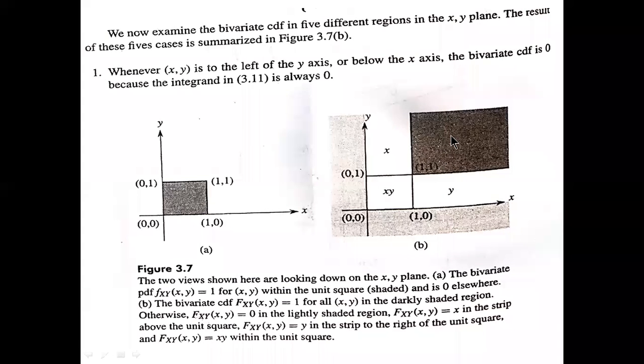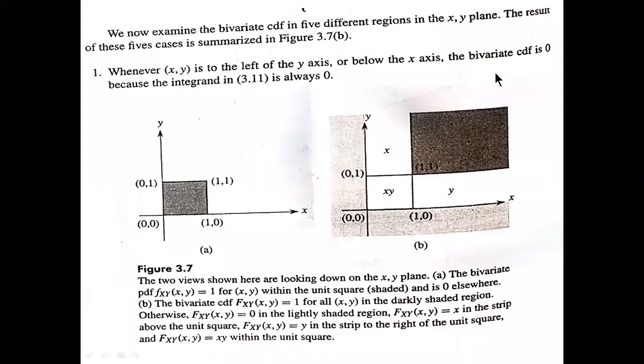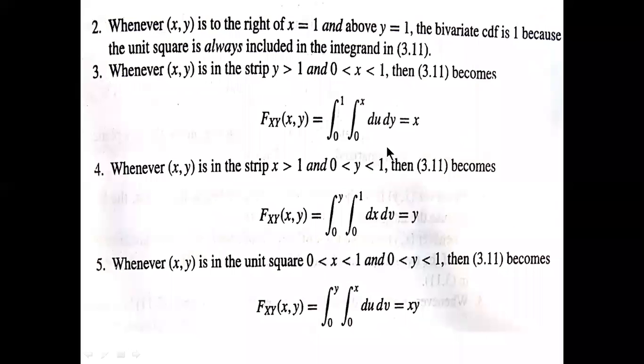So in the second case, where x,y is to the right of x equal to 1 and above y equal to 1, if a point is somewhere here, then to the left of this and below this, the whole area is covered, and hence the CDF will be equal to 1.